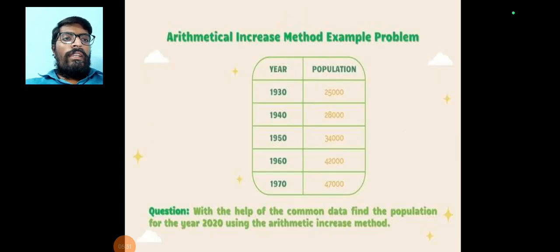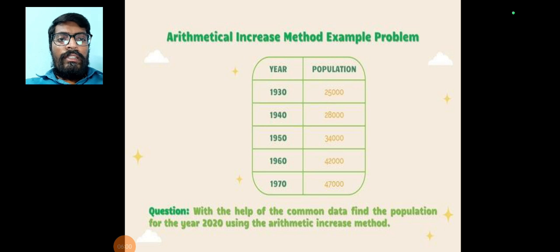We take one example, given below. There are a number of years, and for those specific years the populations are given in tabular format. In 1930 the population was 25,000, in 1940 it was 28,000, in 1950 34,000, in 1960 42,000, and in 1970 47,000.